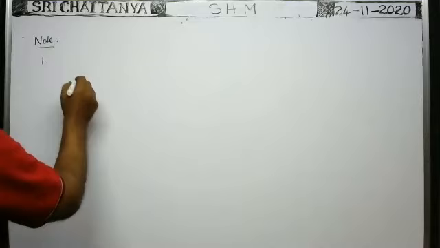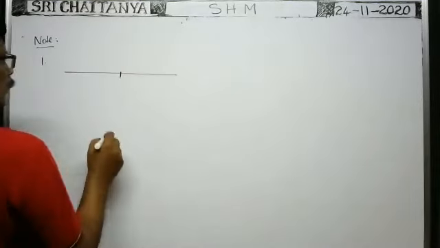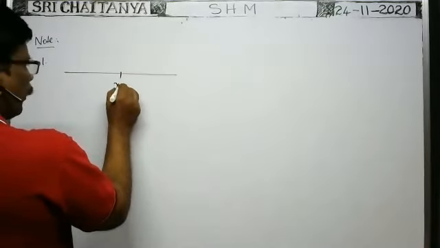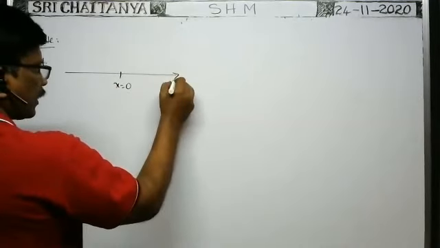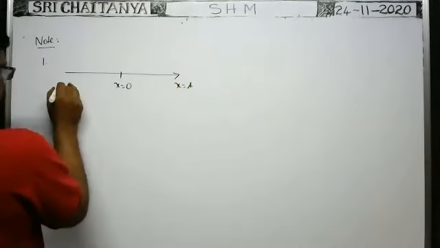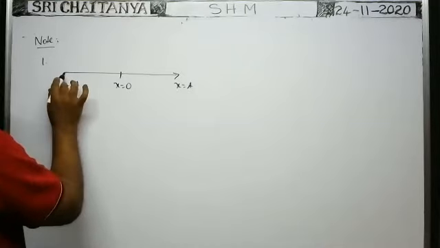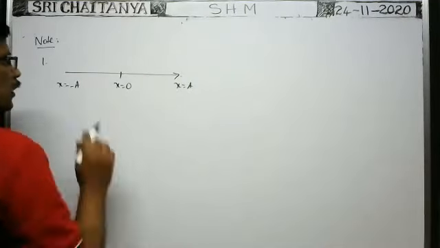First one, suppose the mean position of the particle is here and this is the extreme position, so x is equal to a. Here x is equal to minus a. It is the left extreme position, right extreme position, and mean position.